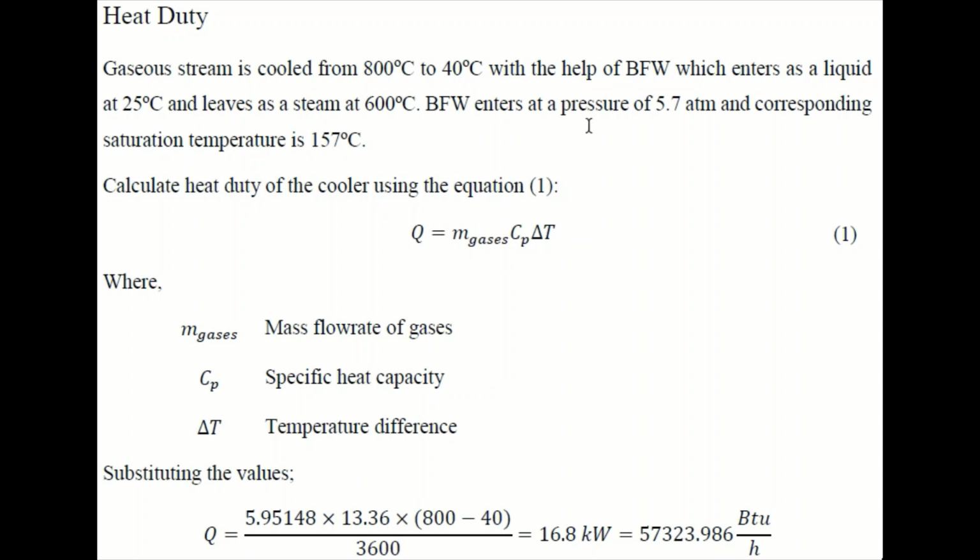The boiler feed water is at 5.7 atm, and the corresponding saturation temperature is 157 degrees Celsius, which you can determine from the steam table.